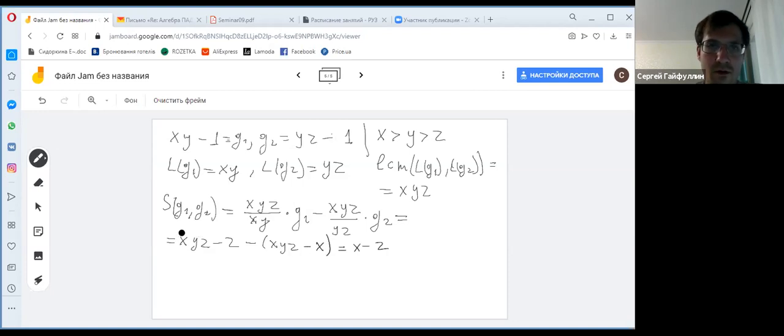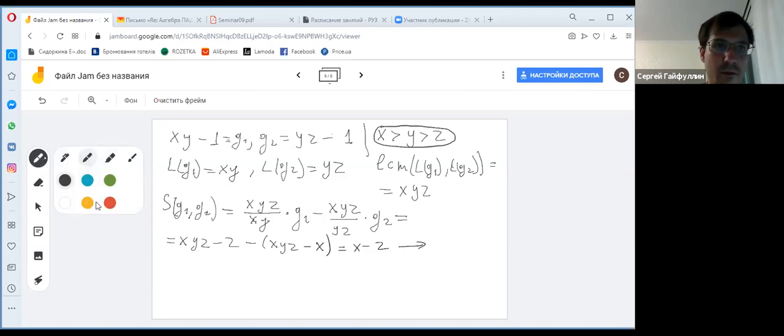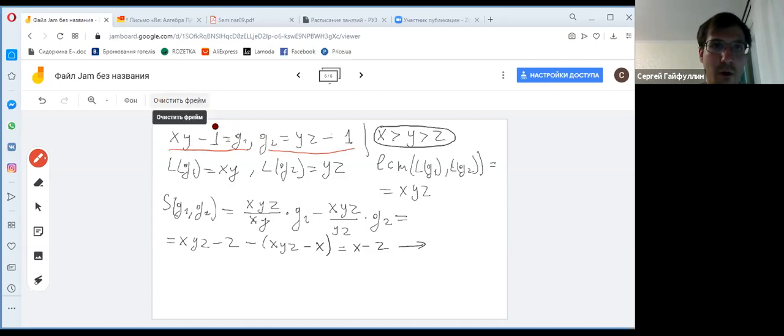Now, of course, not only for this ordering, but for every ordering, I cannot reduce this because these two polynomials, g1 and g2, are quadratic and their leading terms are quadratic.